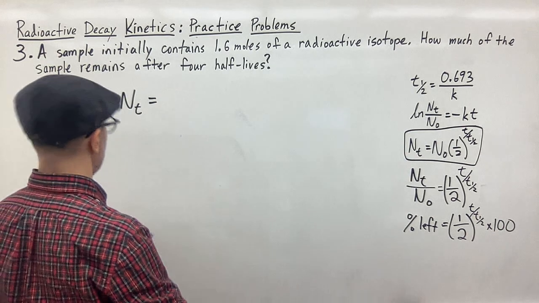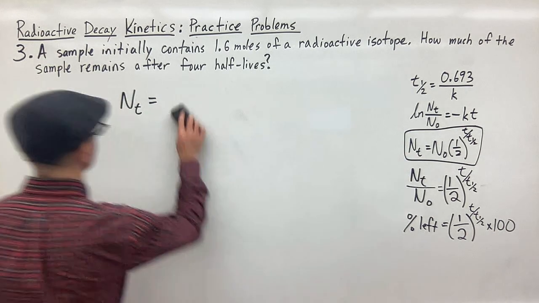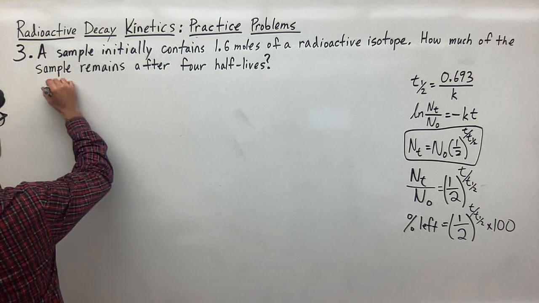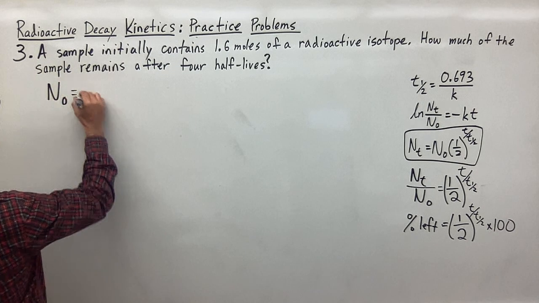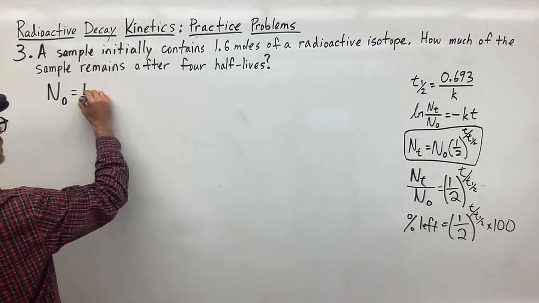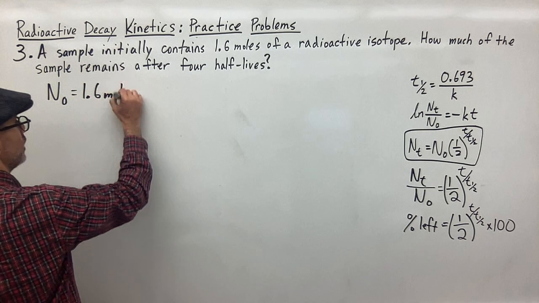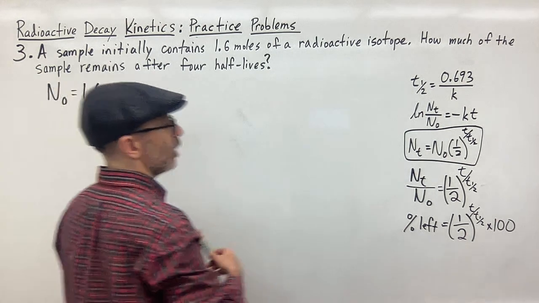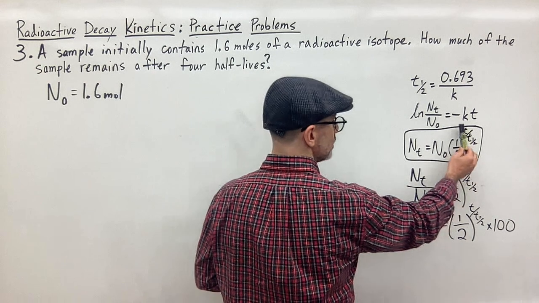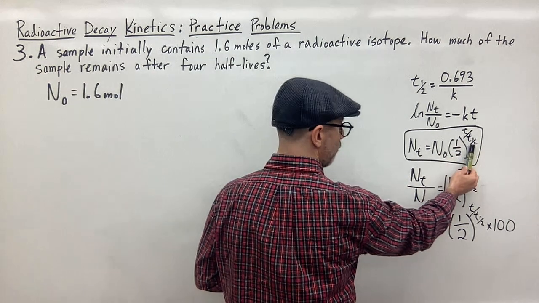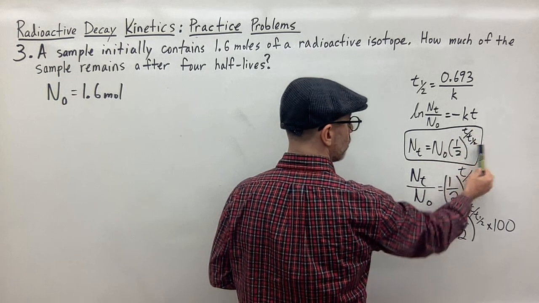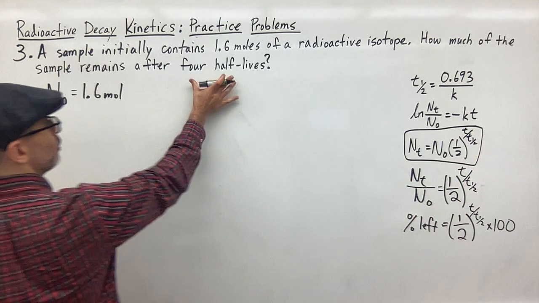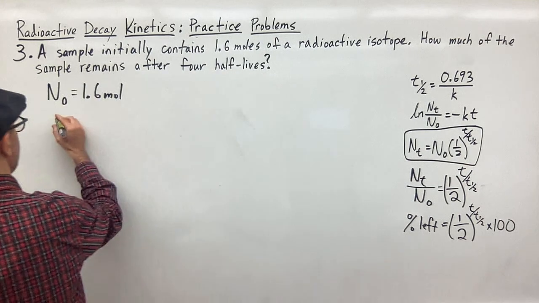The initial amount that we're starting with is 1.6 moles of this radioactive isotope. This fraction, the time elapsed divided by the half-life, is the total number of half-lives that has elapsed, and we're given that 4 half-lives has elapsed.